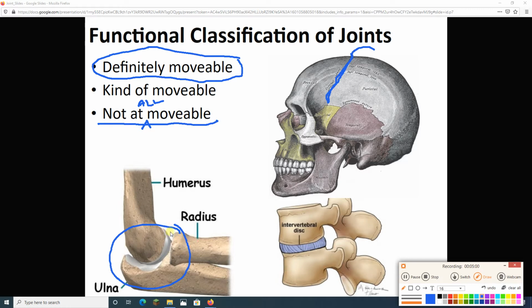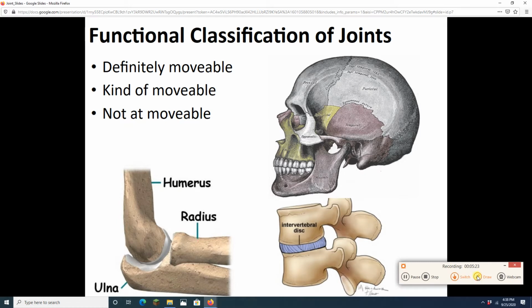That's definitely movable. Then there's the ones that are like, meh, a little bit. The intervertebral disc, that joint between the two bodies of the vertebrae, it's kind of movable, a little bit, but not as much as your elbow or your shoulder. Okay, so this is our functional classification.